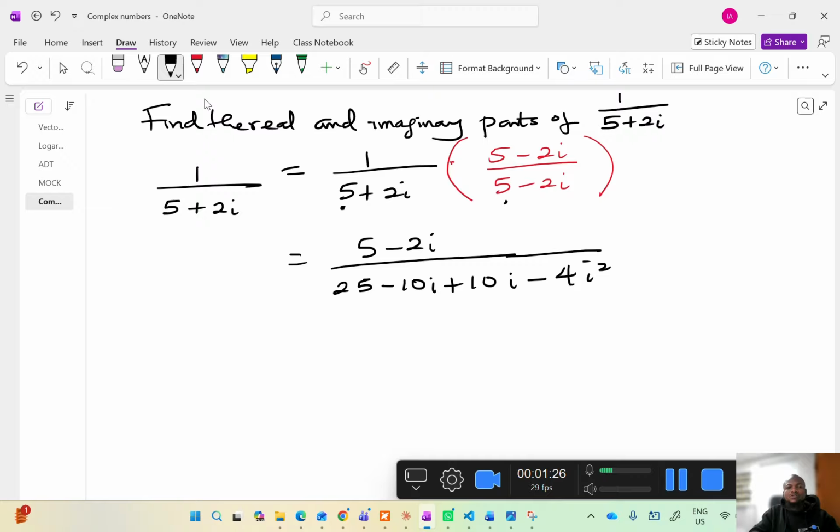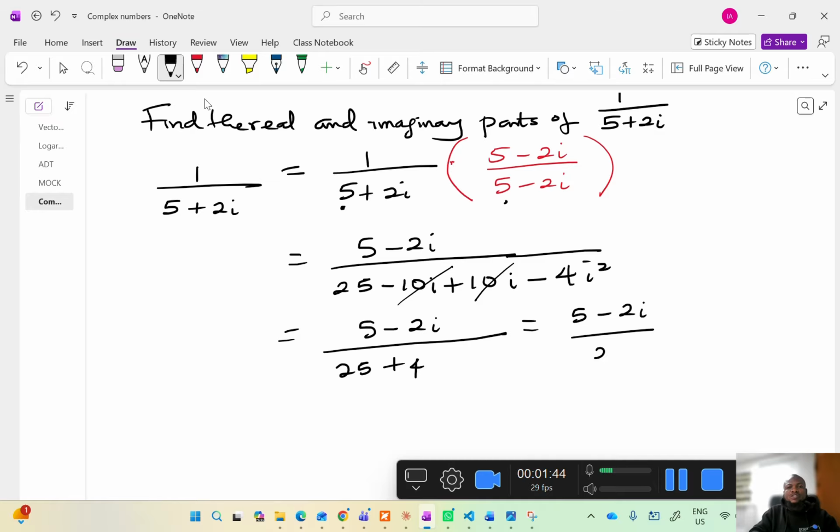The 10i terms of course cancel out. i squared is negative 1, then this becomes positive 4. So this becomes 5 minus 2i over 25 plus 4, which is 29.